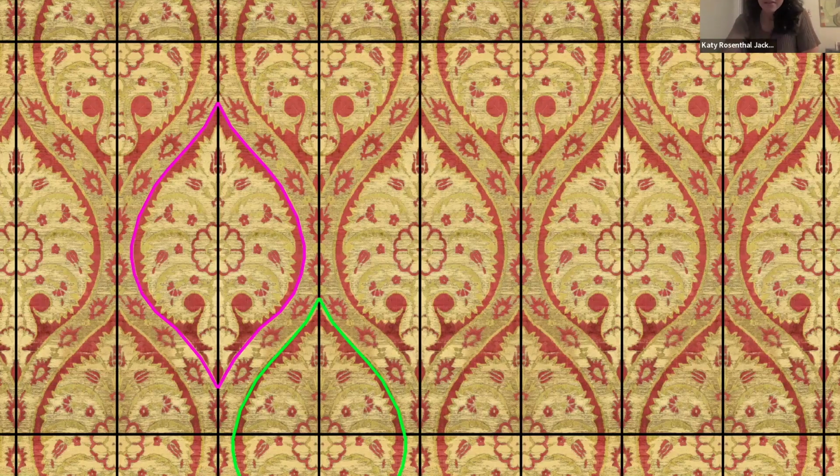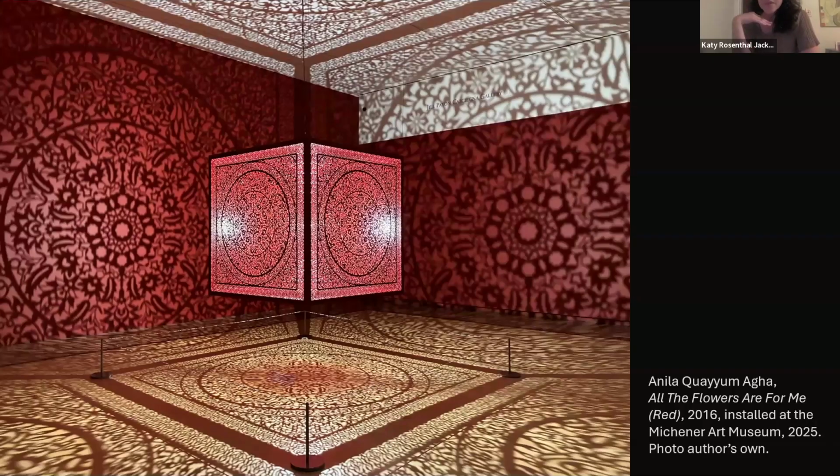And then looking at how the repetition of pattern operates in this piece, All the Flowers Are For Me, we can similarly break down Agha's design. On each side of the cube, we can find where there is symmetry and break it down into smaller repeat units.